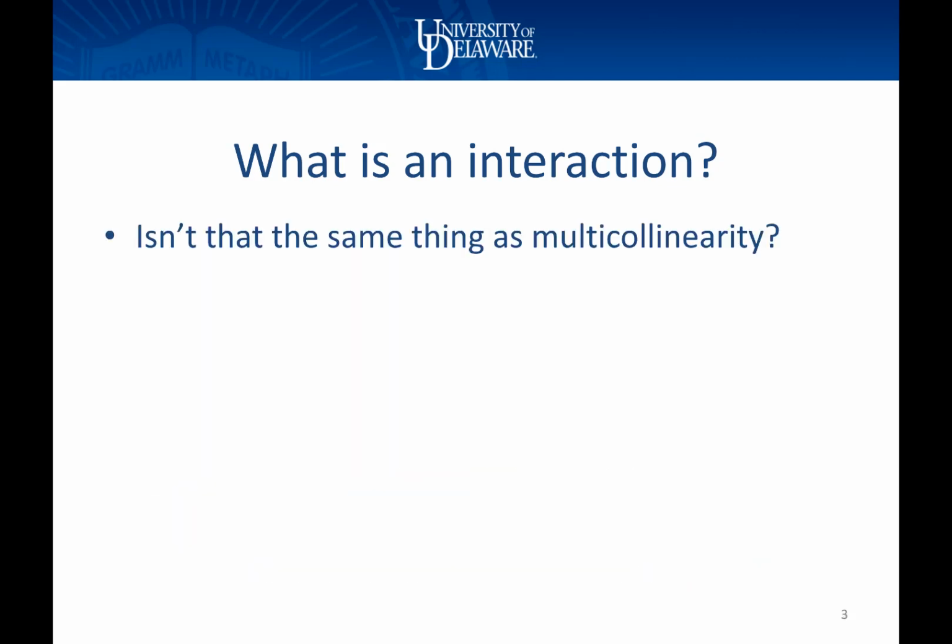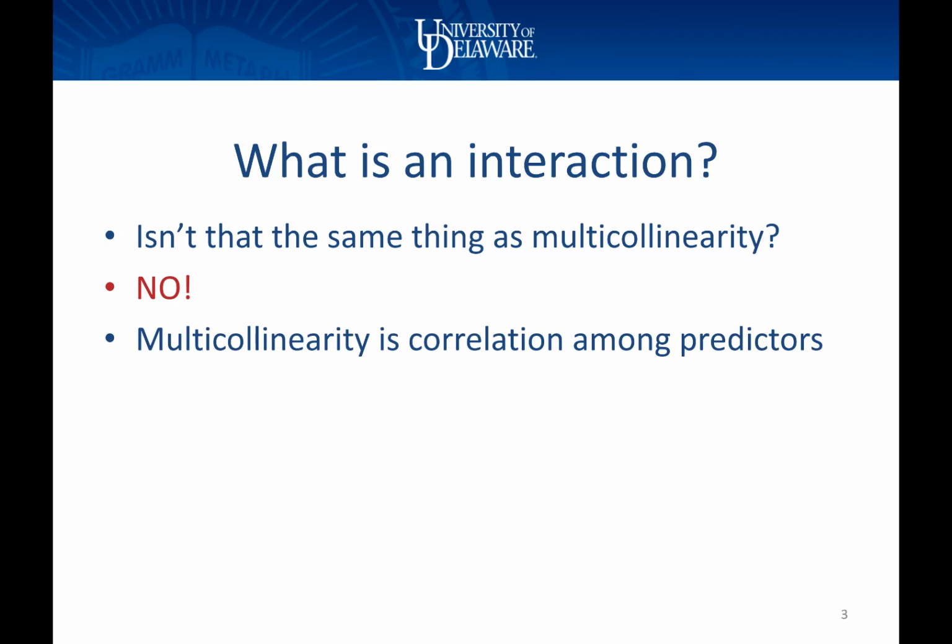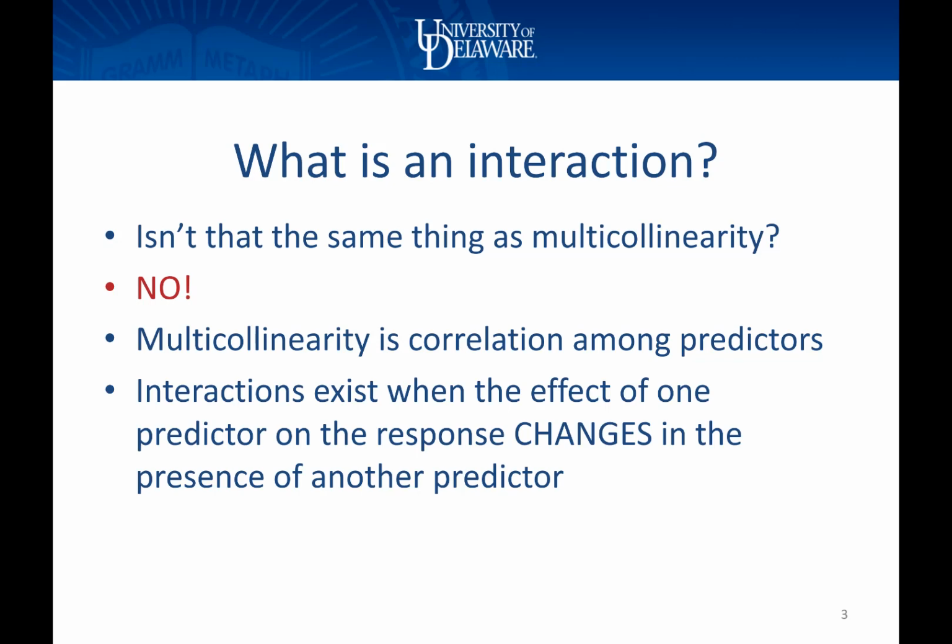Now, isn't that the same thing as multicollinearity, you might be asking, when two things are related? The answer is no. Multicollinearity is a correlation among X variables, and interactions are different. Interactions exist when the effect of one X variable on the response, so we're talking about the ice cream sales, which is the thing we're trying to predict, the effect of an X, like sun or heat, changes in the presence of something else.